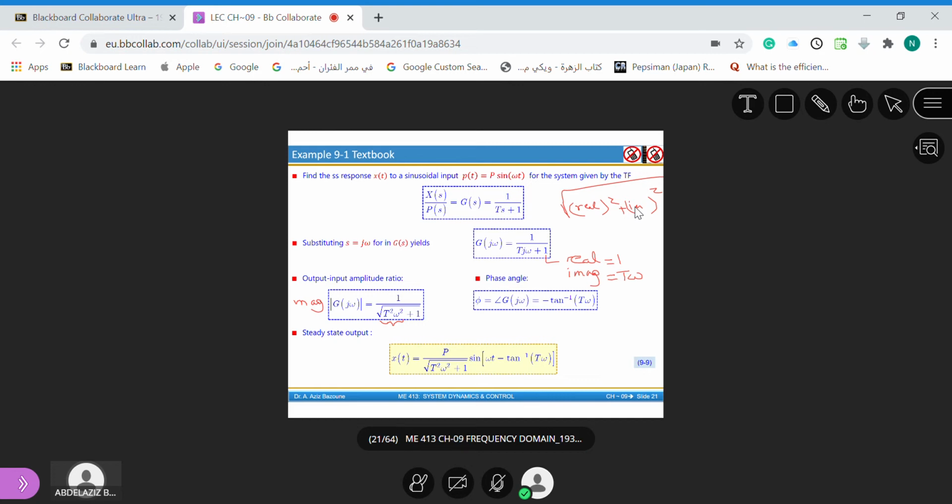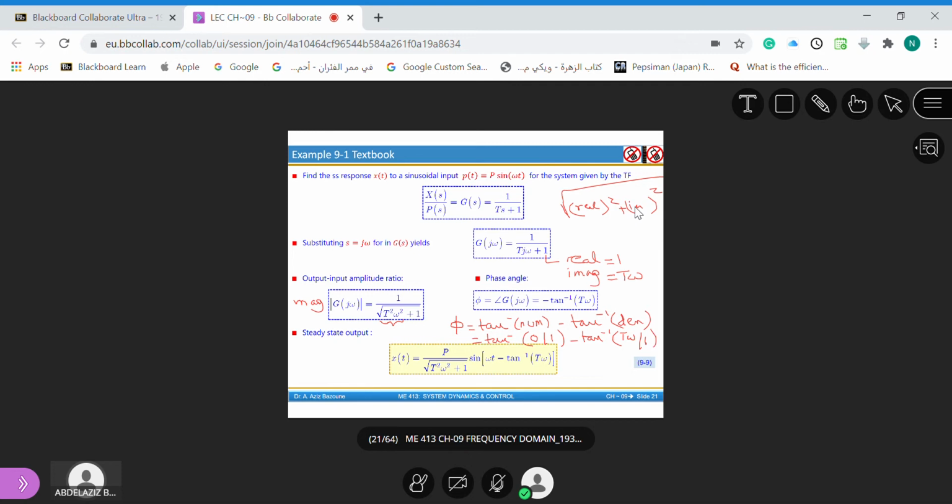The phase angle, there is a rule like the log. It says φ will be tan⁻¹ of the numerator minus tan⁻¹ of the denominator, equal to tan⁻¹ of the numerator's imaginary part, which is 0, over the real part, which is 1, minus tan⁻¹ of the denominator's imaginary part, Tω, over the real part 1.